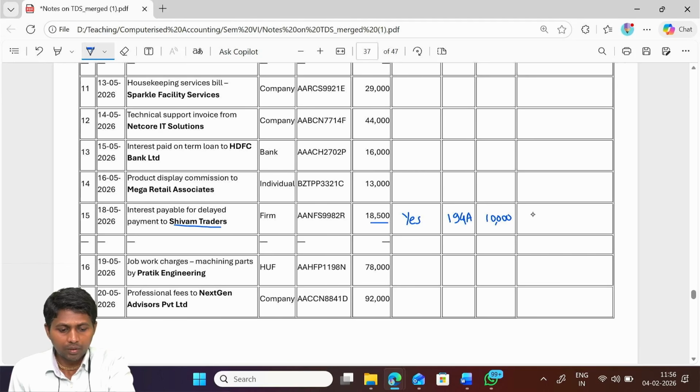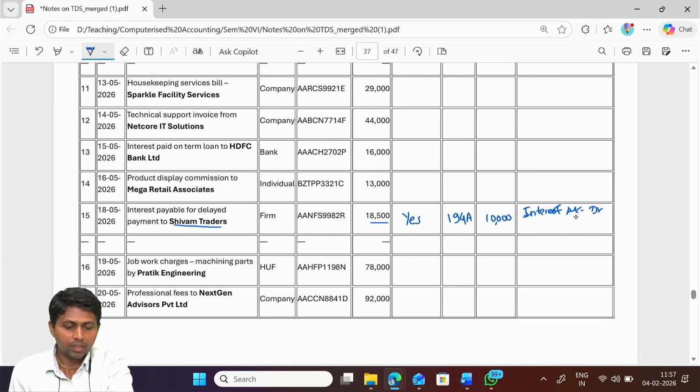Interest payable for a delayed payment. Therefore, you can write interest payable. Interest account debit, payable to Shyam Trader. Just write interest account debit. Generally in business, you will find current accounts, therefore no interest income.